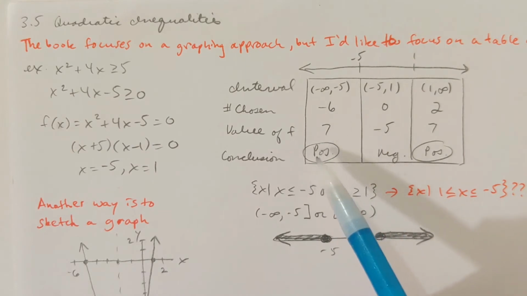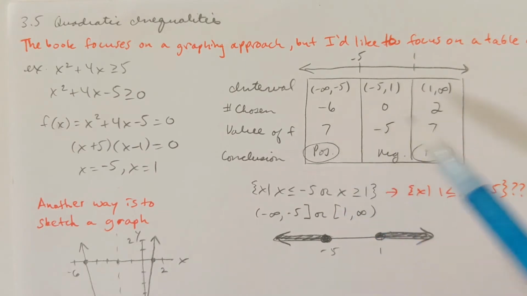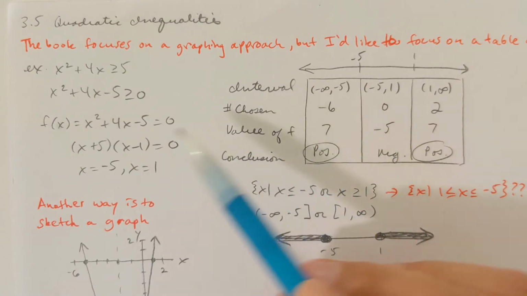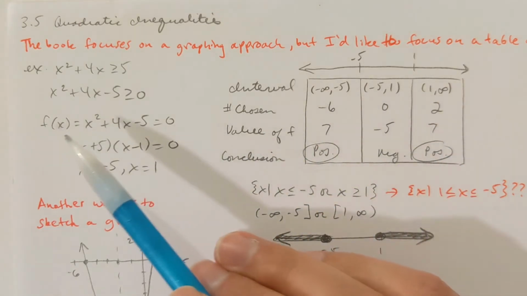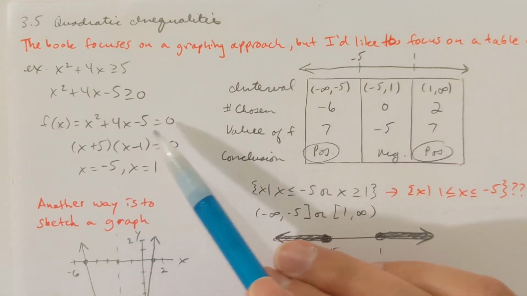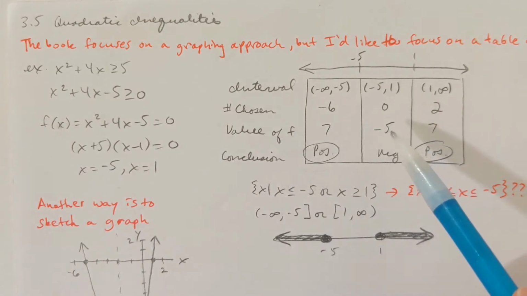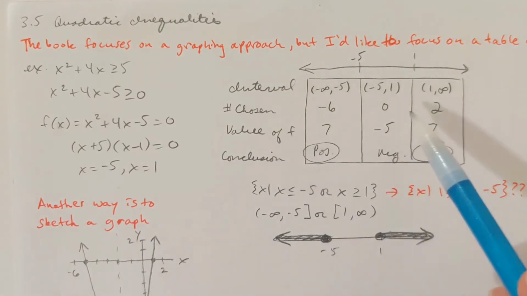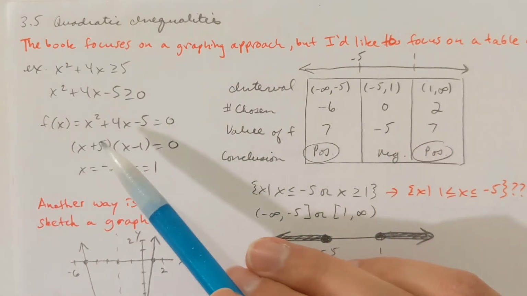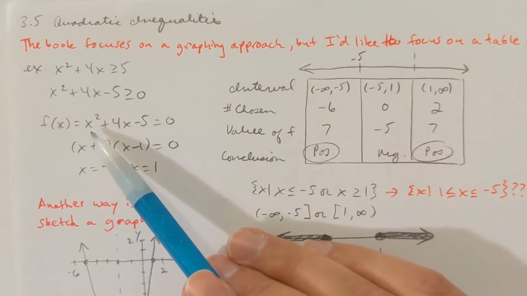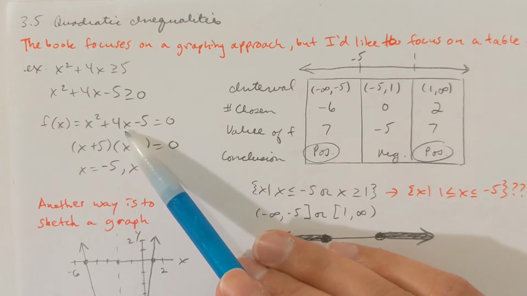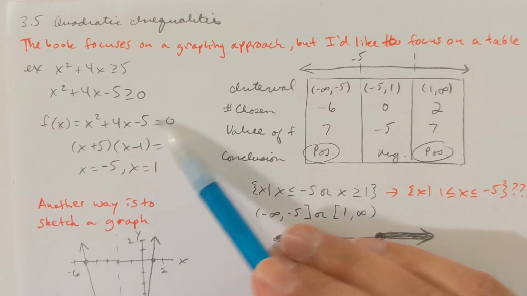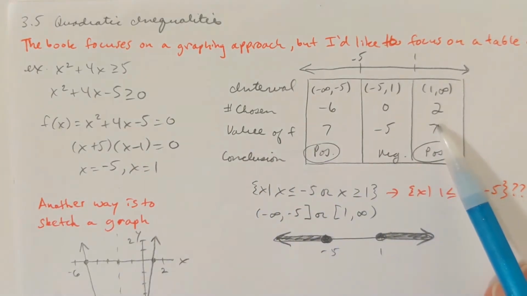Okay, so 7 is a positive number, so I'm going to circle positive. 0 is a good number if I can use it. f of 0 is negative 5, and so negative 5 is negative, and f of 2 is 4 plus 8 is 12, minus 5 is 7. And so we're back positive again.